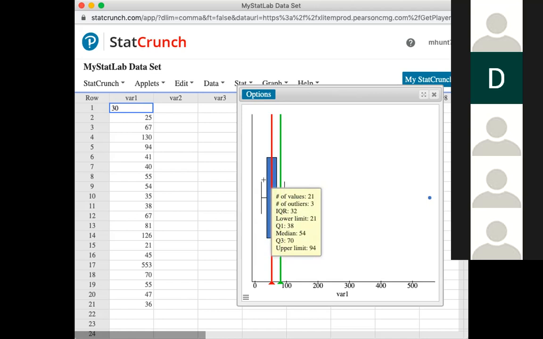And I think I've jotted all I need to jot down. I'm going to X out of this and do another screen share.